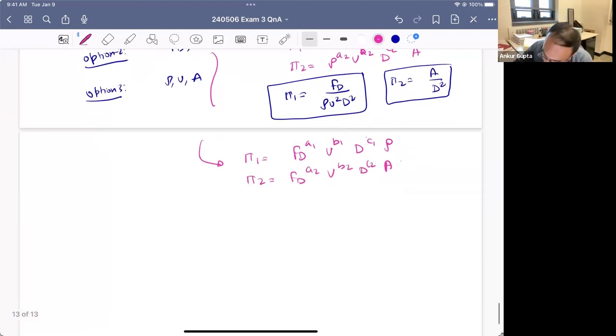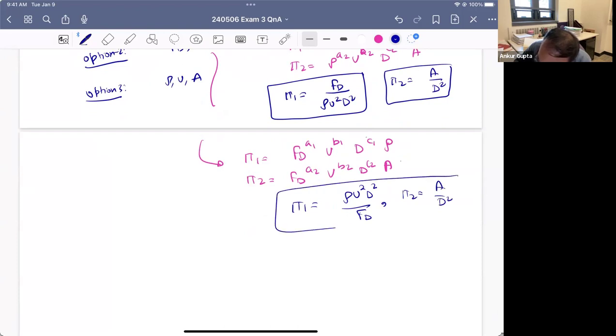Now if you do this, you will get pi 1 equal to rho U squared D squared by FD, and you will get pi 2 to be A by D squared. So you can see these are very identical, but this is just the inverse of this one. So that's fine, and they are the same.